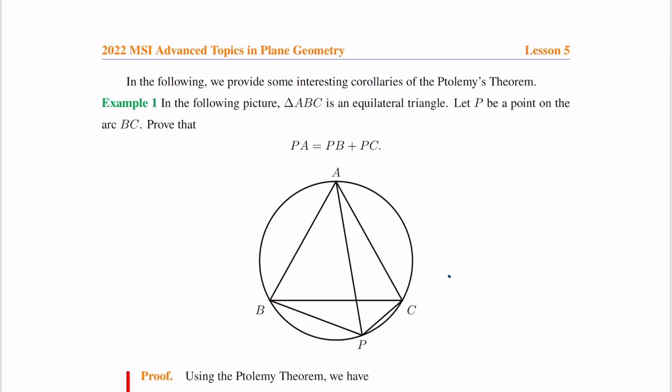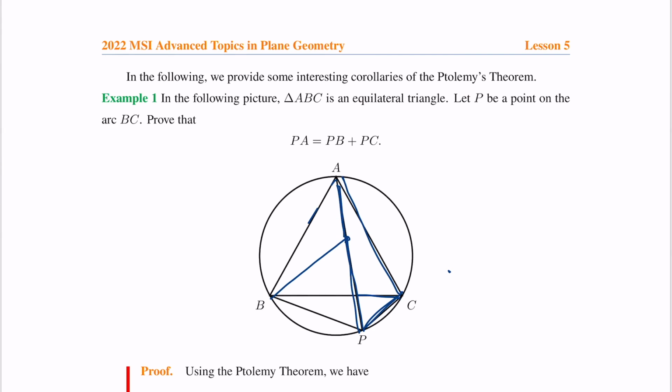There are different ways to prove it. One way is a geometric proof: I draw 60 degrees so that PB would be equal to that, and PC is equal to that, because you can prove that these two triangles are similar. Anyway, I'm not going to talk about the pure geometric proof.